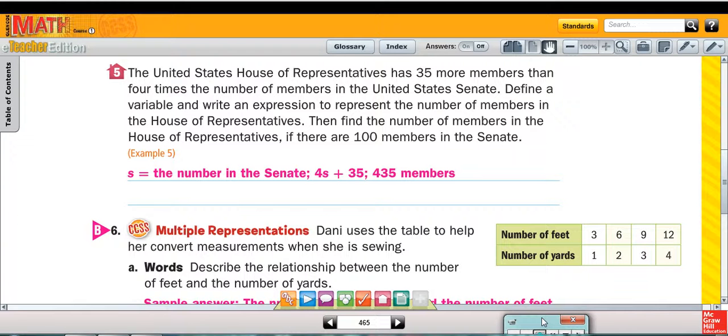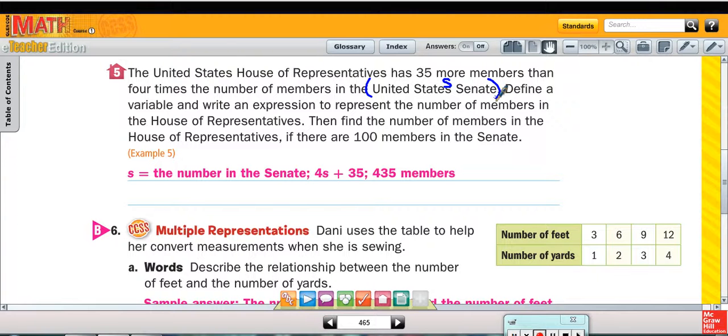Then find the number of members in the House of Representatives if there are 100 members. So we had to really remember that the whole expression here is representing the number of House of Representative reps. So our unknown in this problem actually is the number of people in the Senate. So it's this here. So that's worth a point for defining your variable.